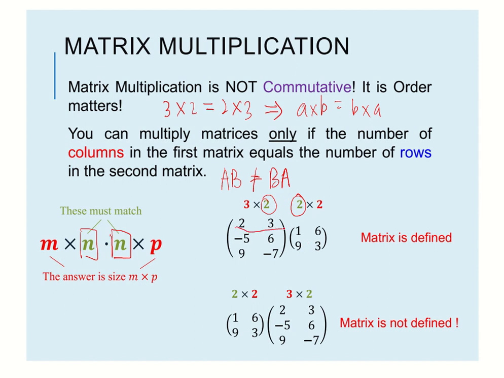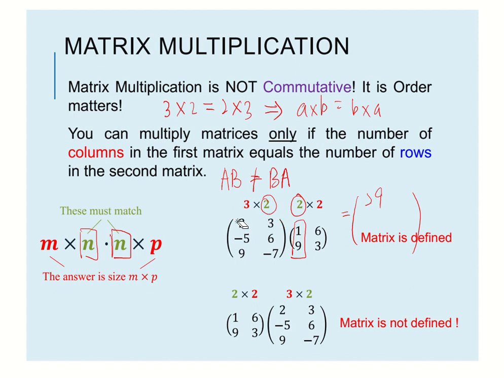So we start with the first row of the first matrix and the first column of the second matrix. So what we do is take 2 times 1, 3 times 9. So 2 plus 27, so we have 29. Okay, so we can perform the multiplication.